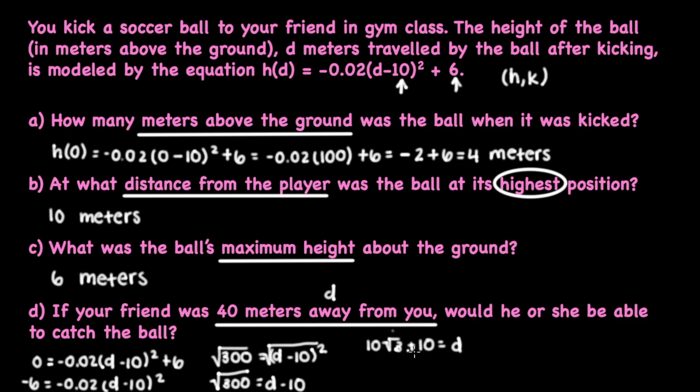So it's less than 20 plus 10, which is less than 40, which means that the ball will reach the ground before your friend, approximately 10 meters in front of your friend, which means that your friend would not be able to catch the ball and you did not throw it far enough. And that is how you solve a quadratic word problem given the equation in vertex form.